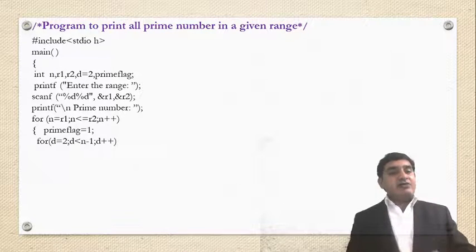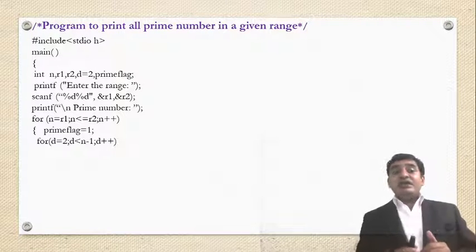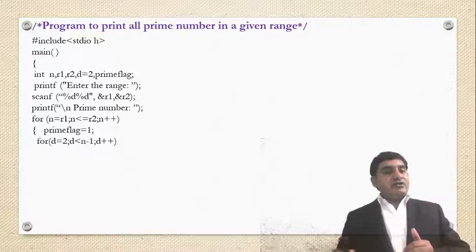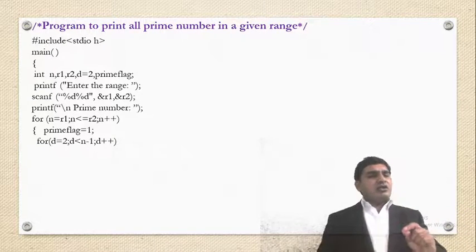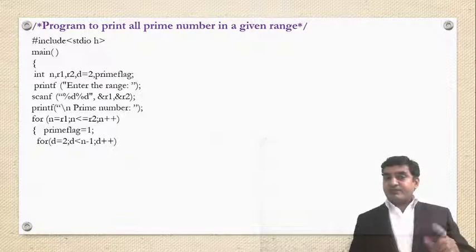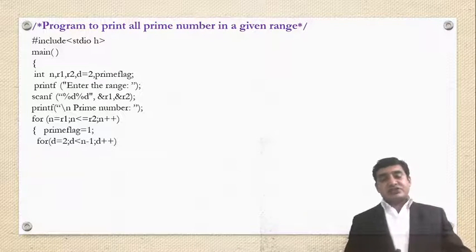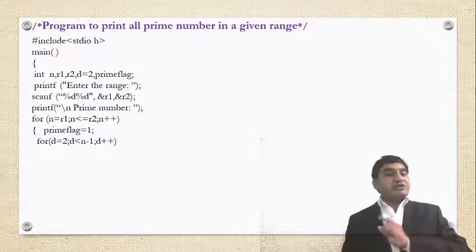So we divide n by d, and d we have to increment, so for that we use a for loop for d is equal to 2. Okay, this is the initialization. d is incremented, d plus plus.